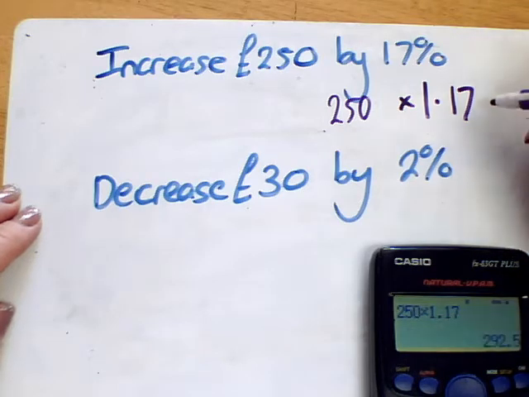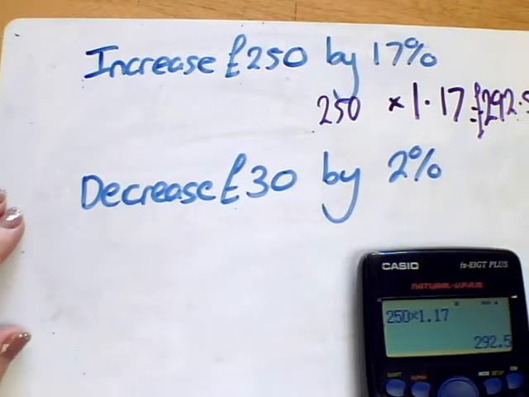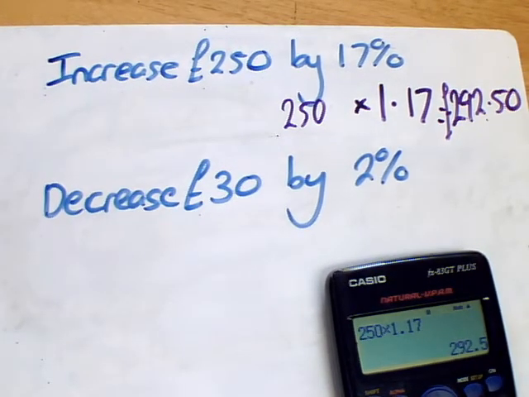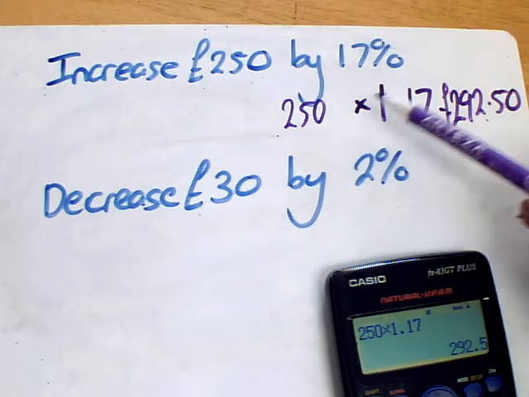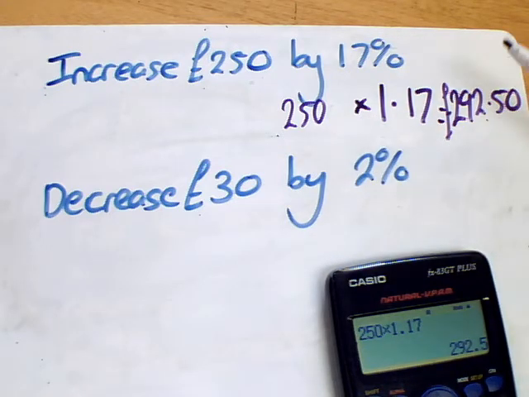Which is going to give me £292.50. Okay, don't forget to put your 0 on the end for your 50p. What that has done, okay, you can clearly see it's increased it. It's found the 17% and it's put it on top without you having to do an addition.